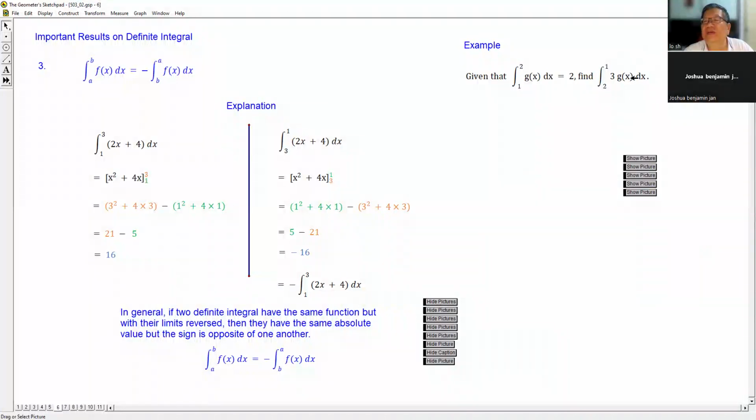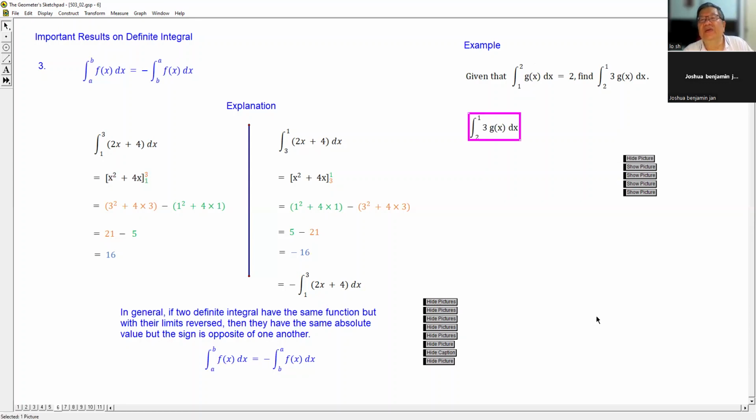I want to find the value of this. How to find this? I don't know the function g. But they tell you that the integral of this function g from 1 to 2, the answer is 2.